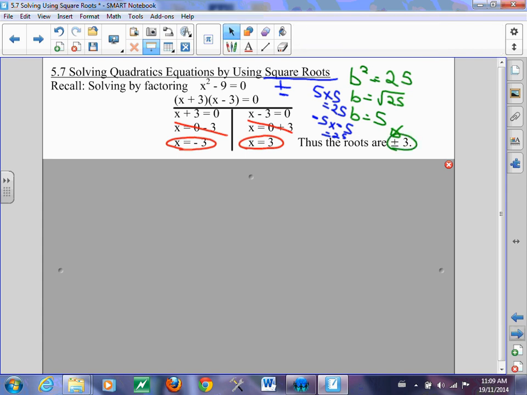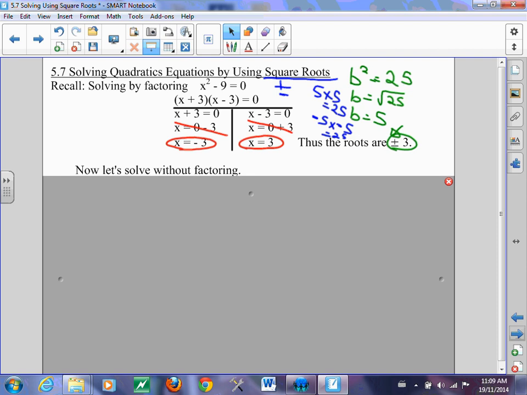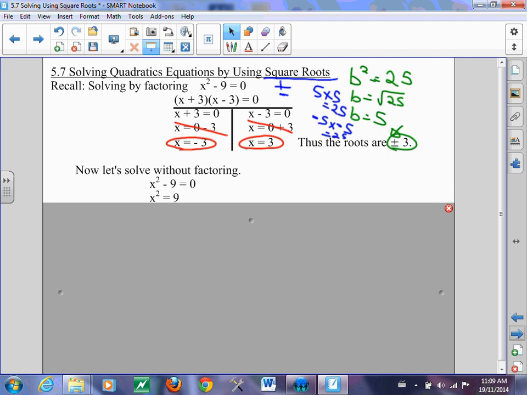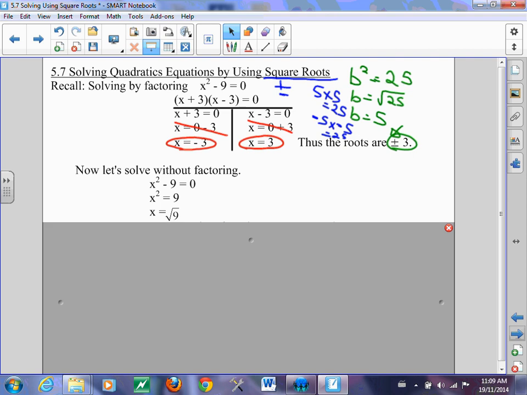All right, so let's try an example here. Let's try to solve without factoring. So what we have is x squared minus 9 equals 0. Luckily, folks, the x term, there's only one of them. So we can take the negative 9, move it over, it becomes positive 9. And then, folks, to get x by itself, currently it's squared. You have to do the opposite operation, which is square root. So take the square root of 9.